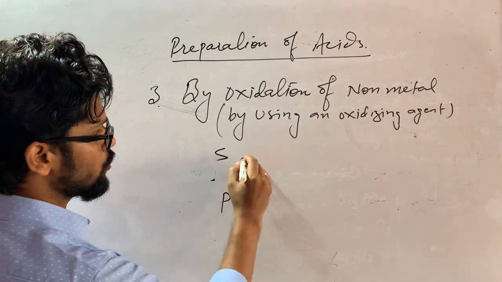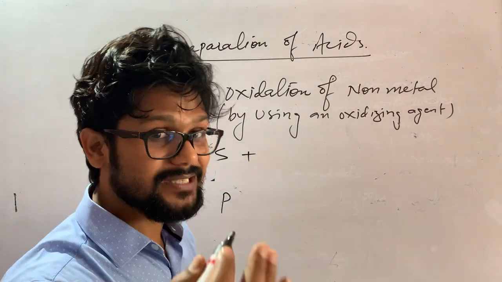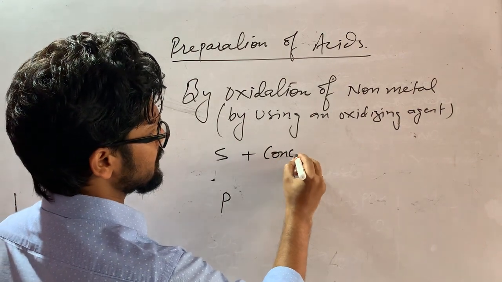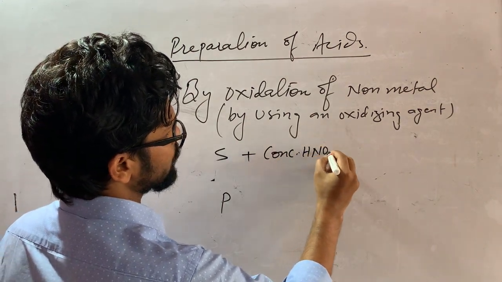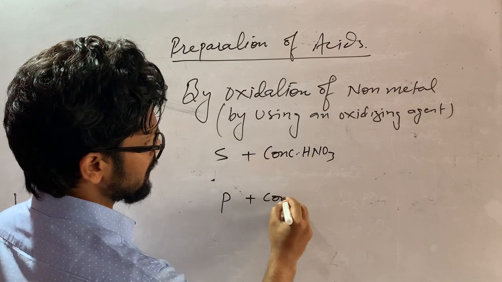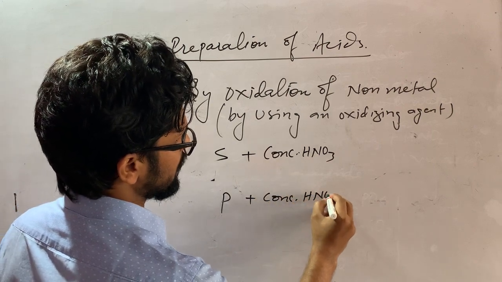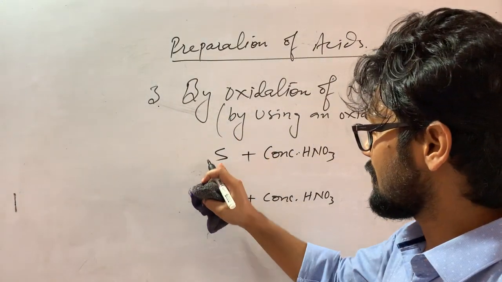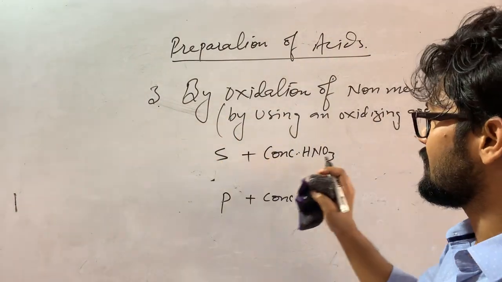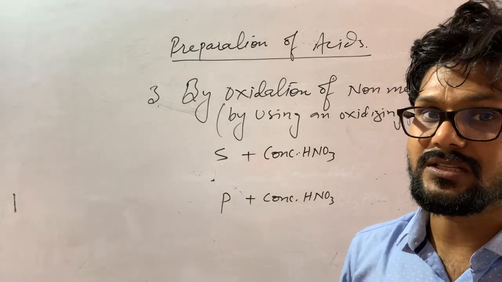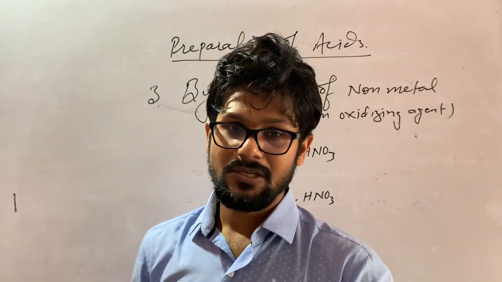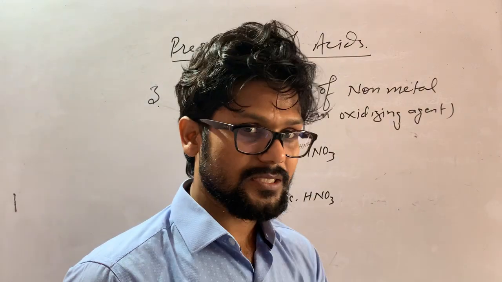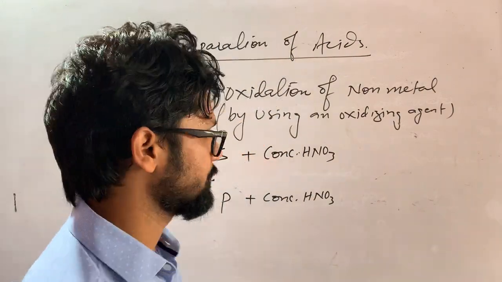When these two non-metals are oxidized by an oxidizing agent, and the oxidizing agent is concentrated HNO3 in both cases. I'm not going to tell step by step how sulfur is oxidized and gives the respective acids, because it is not given in your syllabus. I'm just going to write the final products, and you have to learn that.